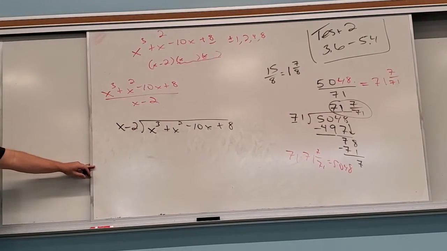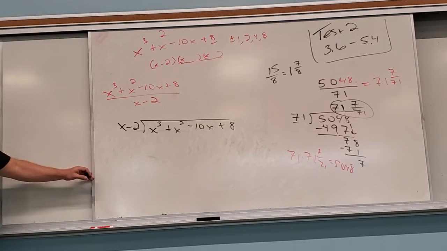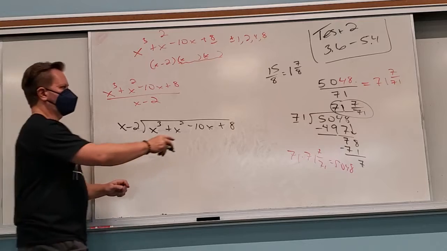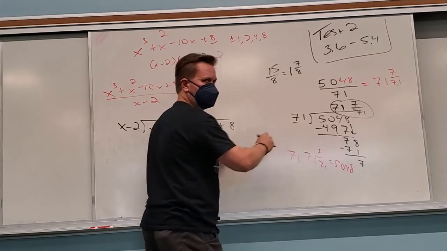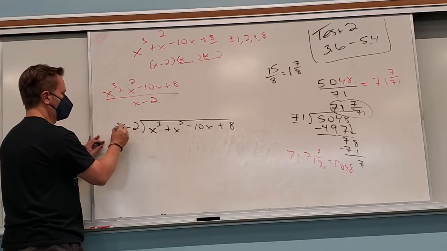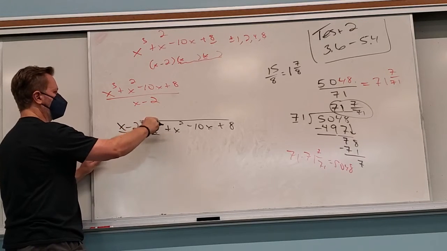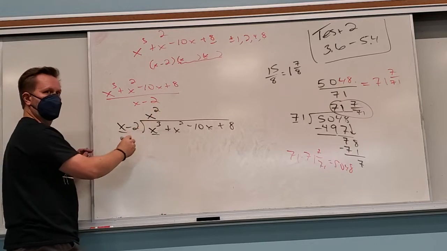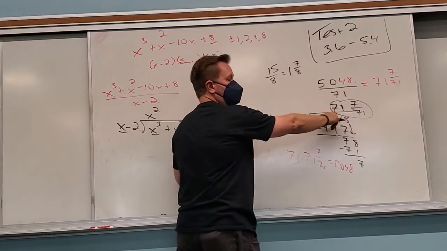I really want you to realize this is not that bad. You ready? What did we do here? Didn't we look at the 7 into the 50? Yes. So look at the x into x cubed. X times what is x cubed? X squared. Right? It's just like when we wrote the 7.